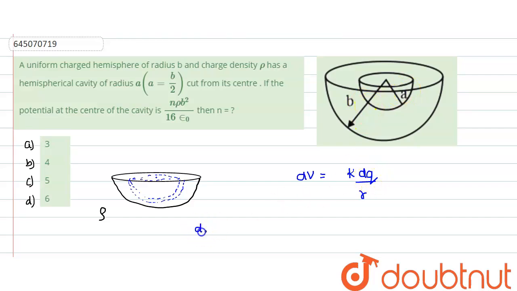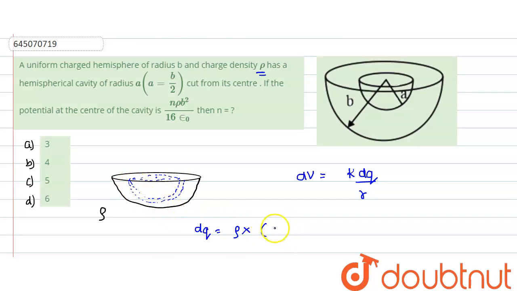Since the volume charge density is given, dq would be density multiplied by volume, because charge density means charge divided by volume. So we need to find the volume of the elemental hemisphere which we have taken.